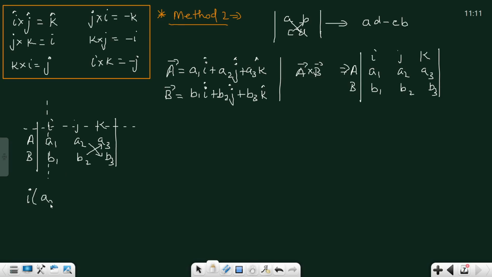So it will be A2 B3 minus B2 A3. Clear? When we are calculating i, we are actually going for j cross k, and j cross k gives you i. That's why I am writing plus i here.